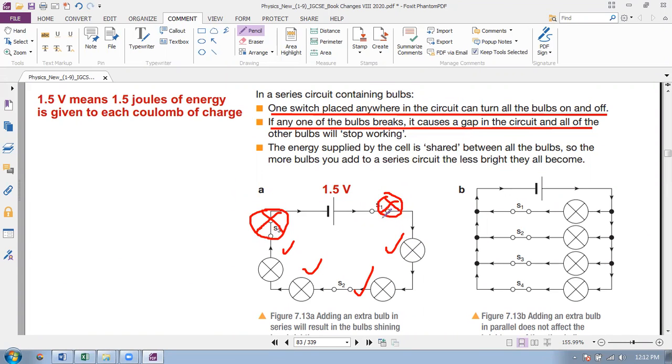So the more bulbs you add, the dimmer and dimmer they become. So energy is shared. You understand? Energy is shared in a series circuit. So we can underline this.